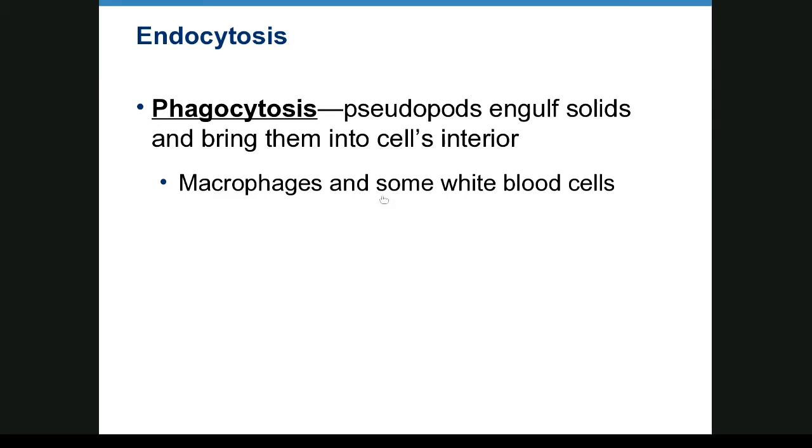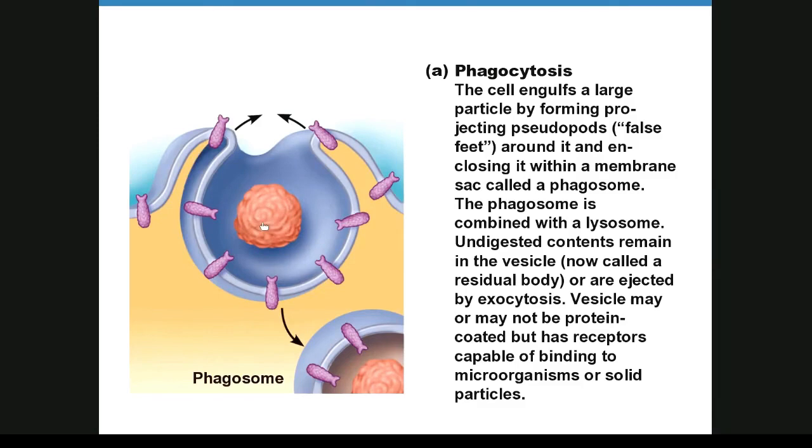Macrophages and some white blood cells, such as neutrophils, do this. It just basically has little receptors here. These are called pseudopods. The membrane moves forward, the cytosol follows it, it comes around, closes, and just eats it like a little Pac-Man. And then generally it will either be used or destroyed, maybe by a lysosome.